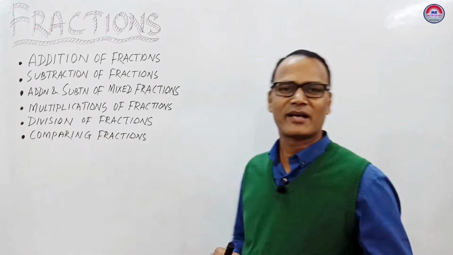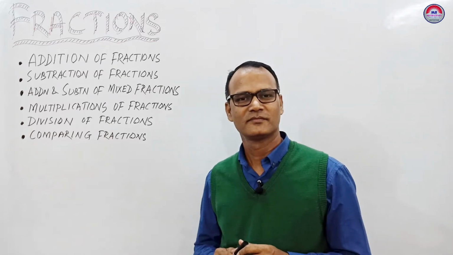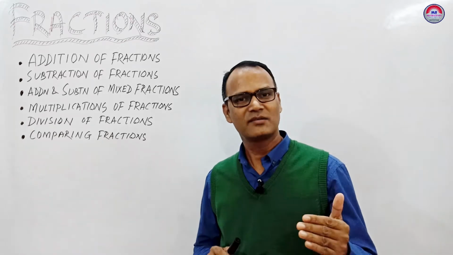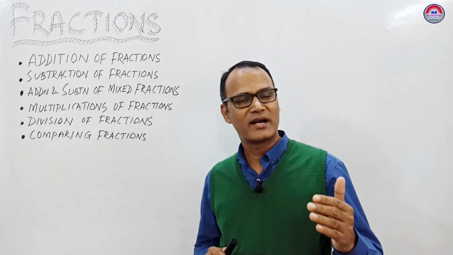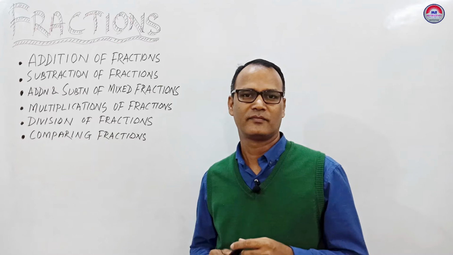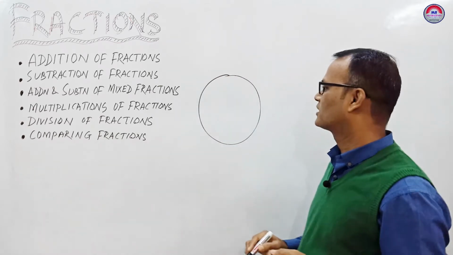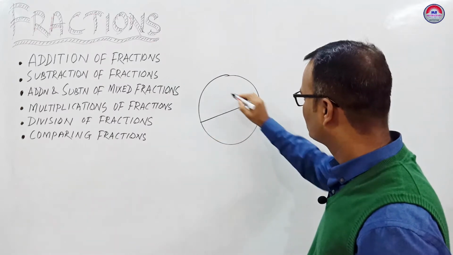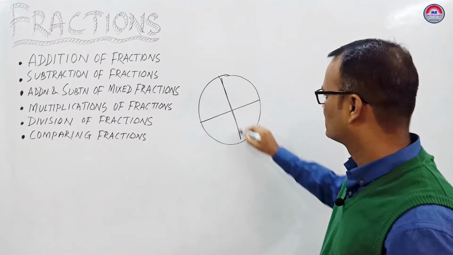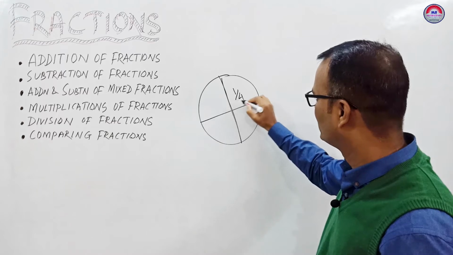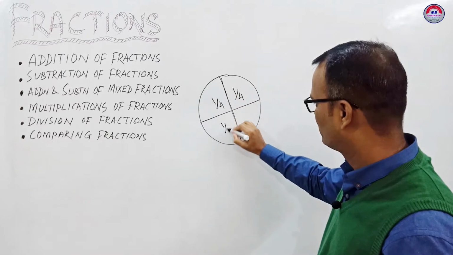So what do you mean by fraction? Generally, fraction means equal parts of a whole. If you see, this is a circle. If we divide it into 4 equal parts, then each part will be 1/4.